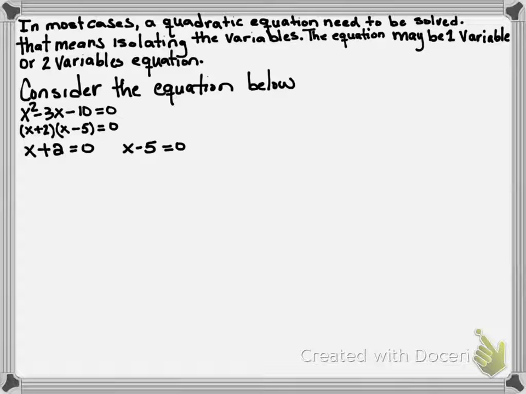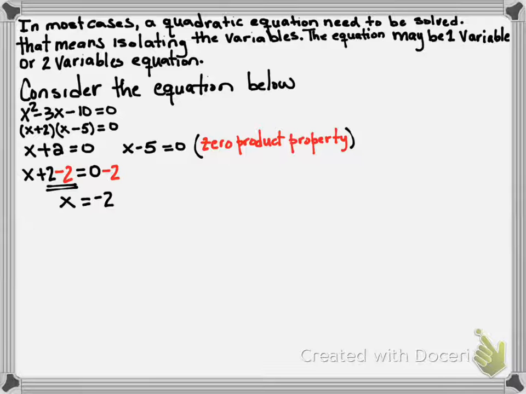Just as you have x plus 2 equals 0, we set x minus 5 equals 0 as well. And now in each case, we're going to get x by itself. All right? When we set them equal to 0, that's the 0 product property. Yes.